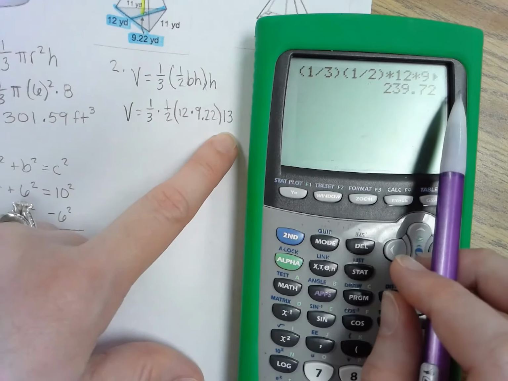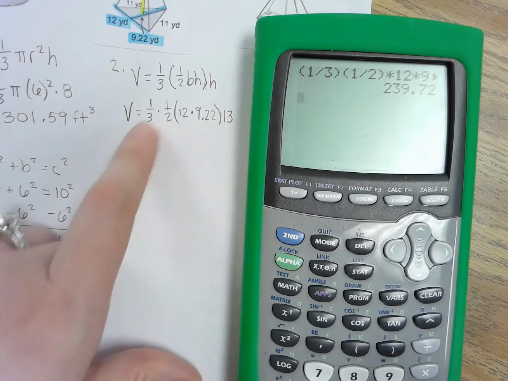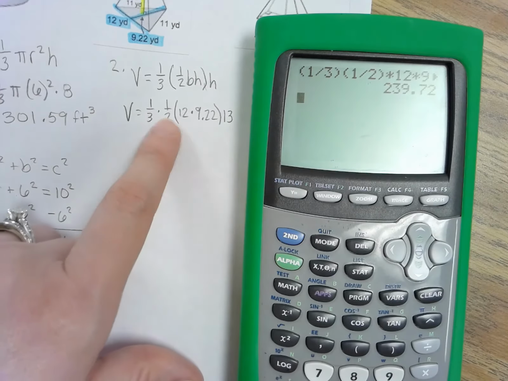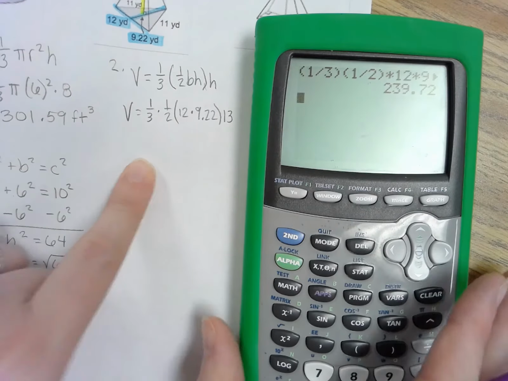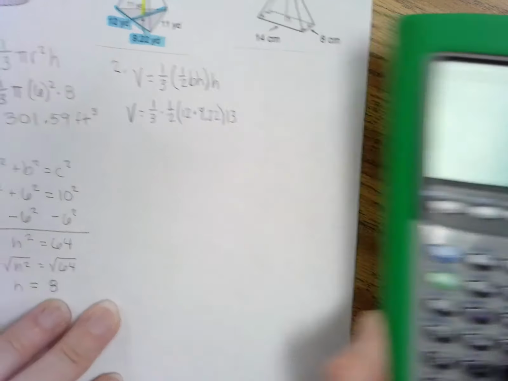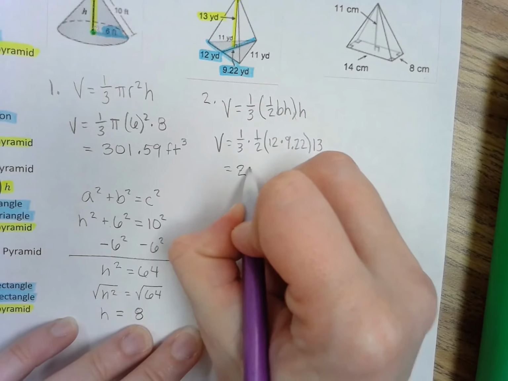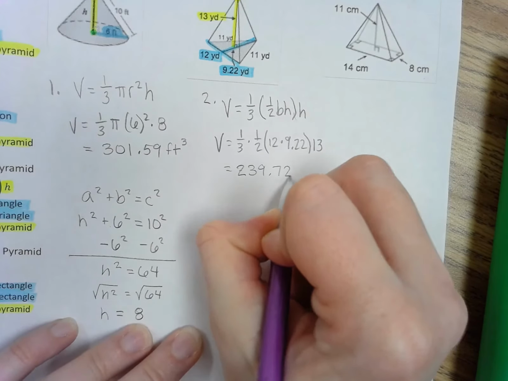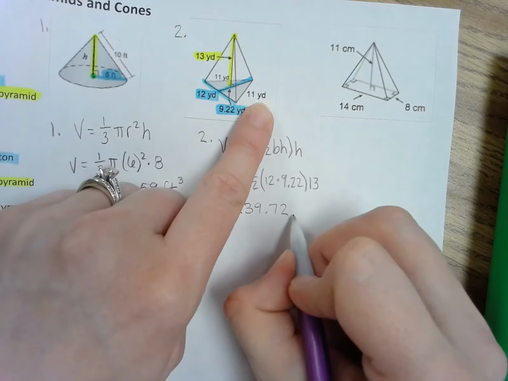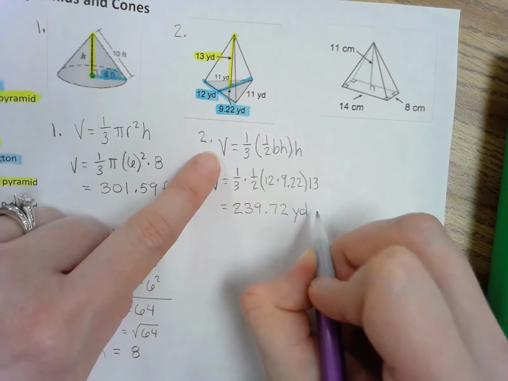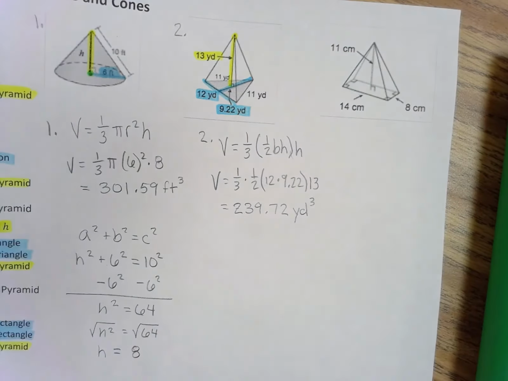It may be a good idea to double check that you typed everything in correctly since we have so much that we're typing in, but this is the volume of 239.72. We're in yards. Because we calculated volume, it'll be cubic yards.